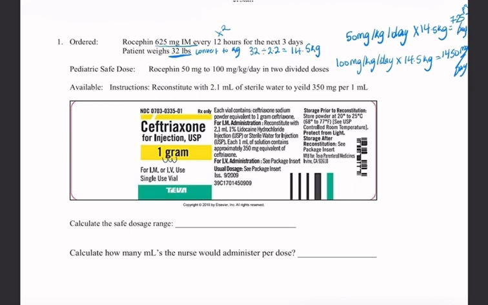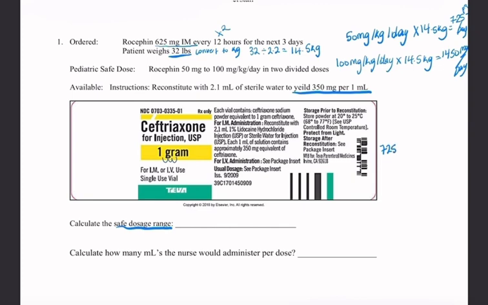Now, as I mentioned before, I immediately started working it out before I even finished reading. So for the reading, it says the instruction is to reconstitute with 2.1 ml of sterile water to yield 350 milligram per 1 milliliter.